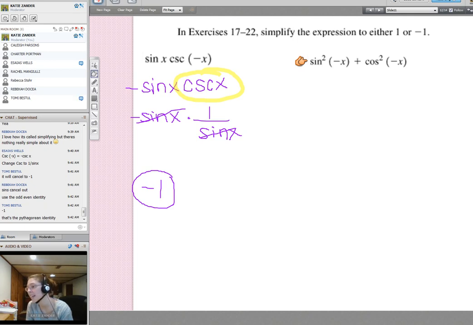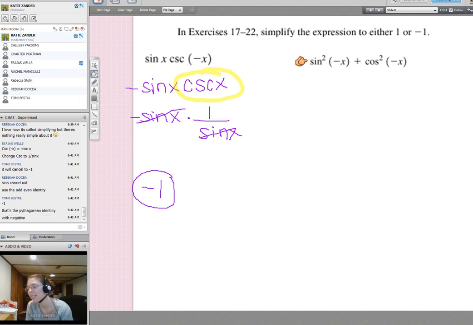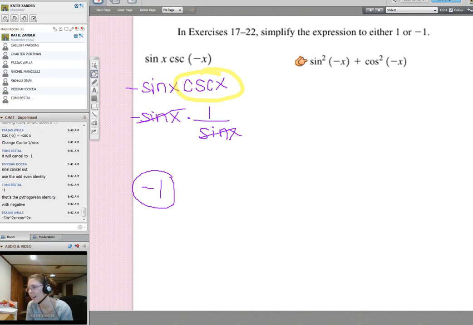It is the Pythagorean identity. Yeah, the only difference is it has a negative sign in there instead of a positive. Is that going to make our answer equal to -1? Or because it's squared, does it not matter? It's always going to equal a +1.